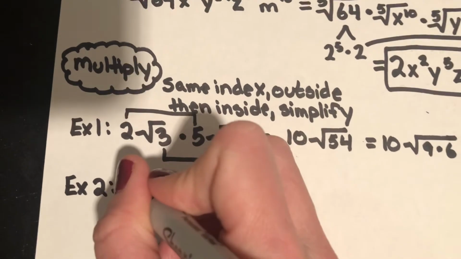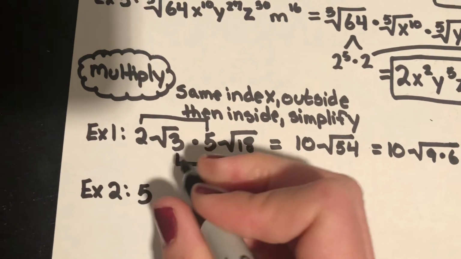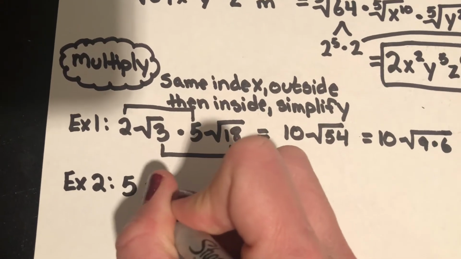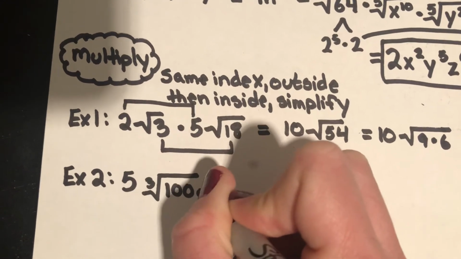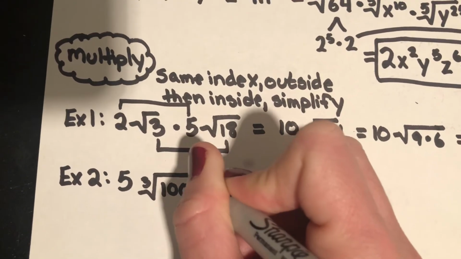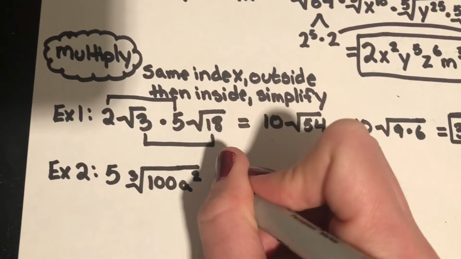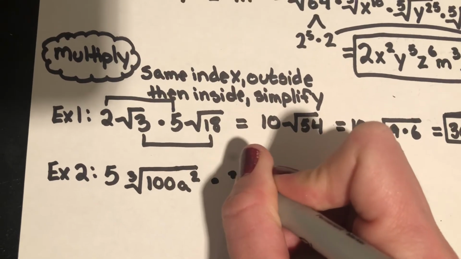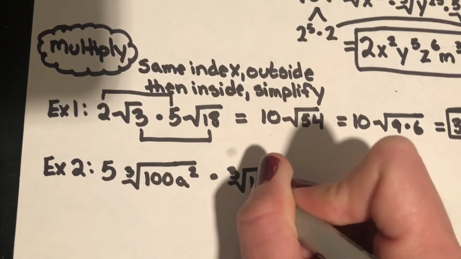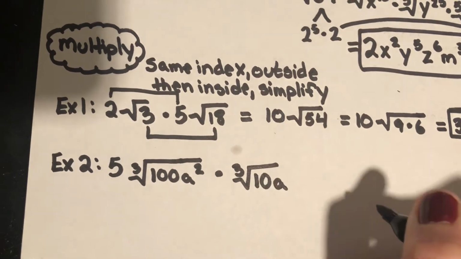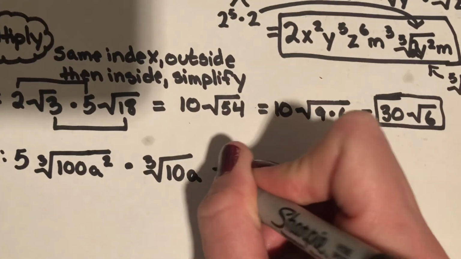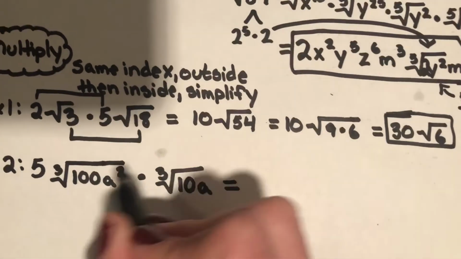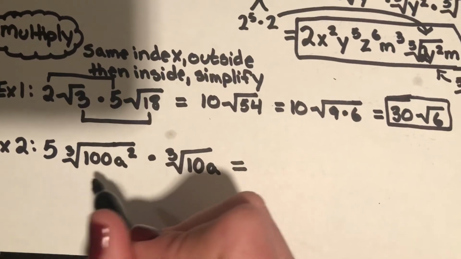Example 2. We have 5 times the cubed root of 100a squared. And this is going to be times the cubed root of 10a. So let's multiply again. These are both cubed roots.